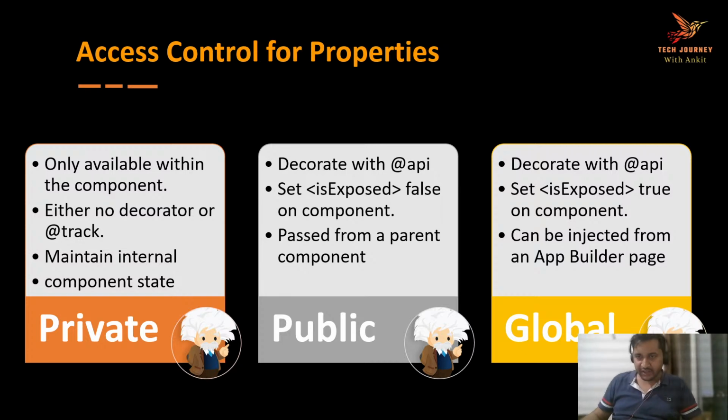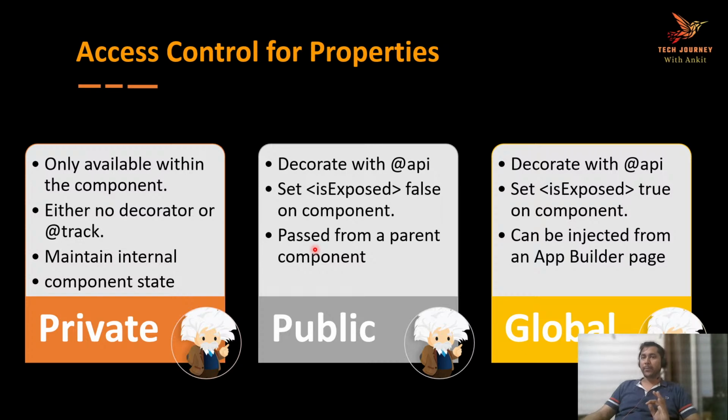I can see in the chat there is one question from Saida Reddy. He asks about public @API within the org or outside the org. So @API is within the org, first point, and it will be only exposed to the parent component. An unrelated component cannot access the @API property.